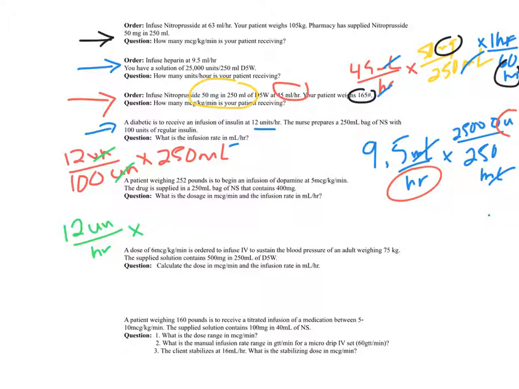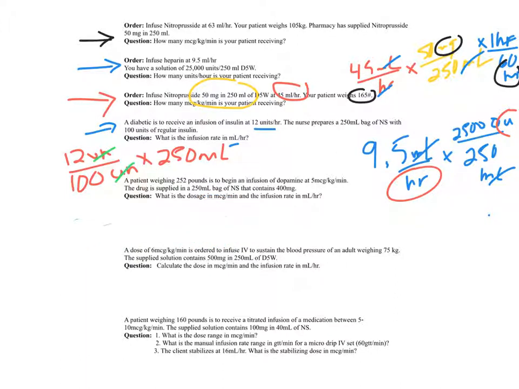I reverse it because, remember, I want to cancel out. So I'm multiplying this by how it's packaged: in a 250 milliliter bag, there are 100 units. I flip that because I want the units to cancel out to leave me with milliliters per hour. So that's the idea of that dimensional analysis there.